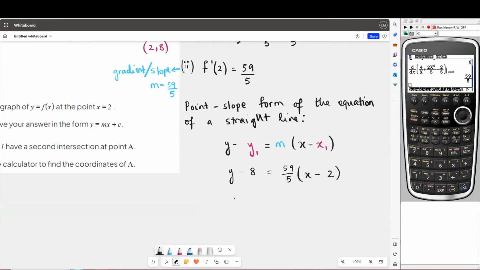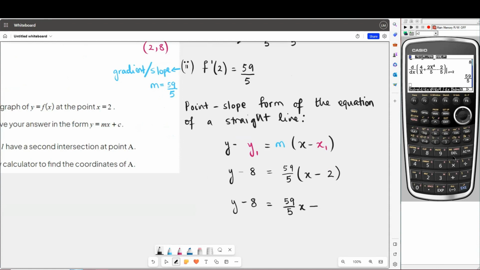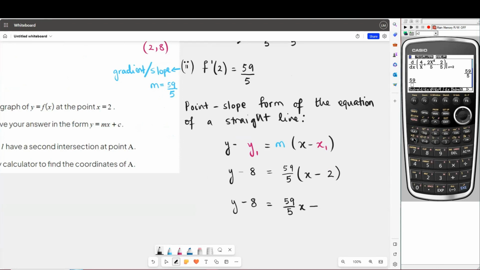And then we're going to expand the bracket on the right-hand side. So 59 over 5 times x is just 59 over 5x. And then 59 over 5 times 2, you can work that out on your calculator.